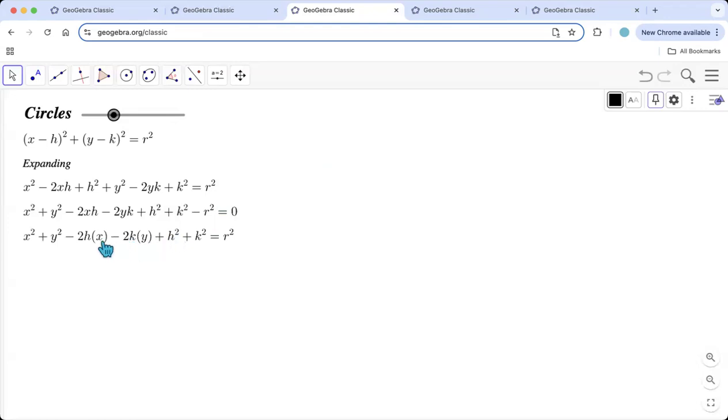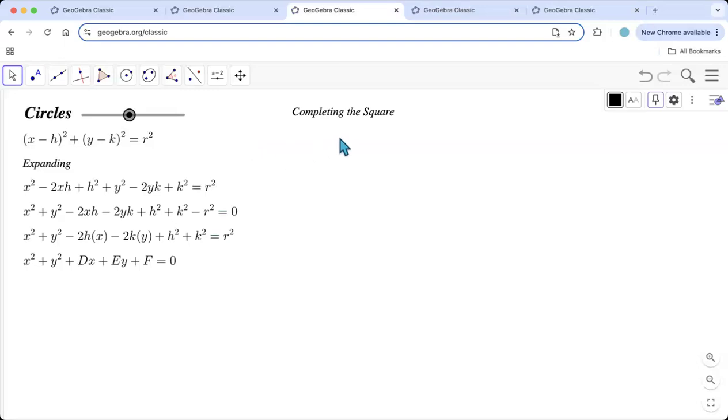What we get is this sort of expression. For some reason, r is moved back over to the right, but that doesn't matter. We're going to call negative 2h d, and negative 2k e. And then all these other terms are just going to combine to be this term f. Again, f would be h squared plus k squared minus r squared. These are all just constant terms.